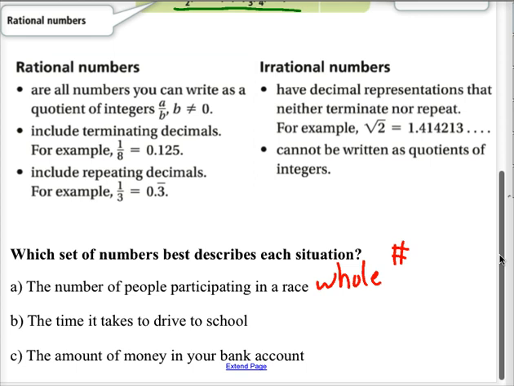All right, how about the time it takes to drive to school? Would it make sense for negative time to drive to school? Not really, so we're talking about positive values. Could it take you no time? Well, we're not going to say that you're living at school.